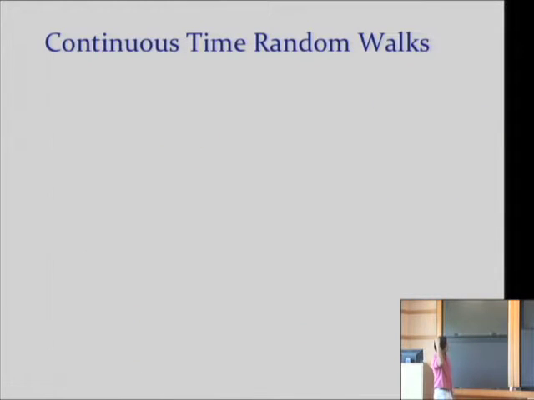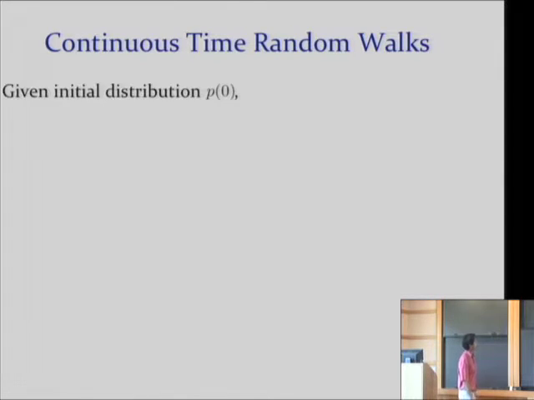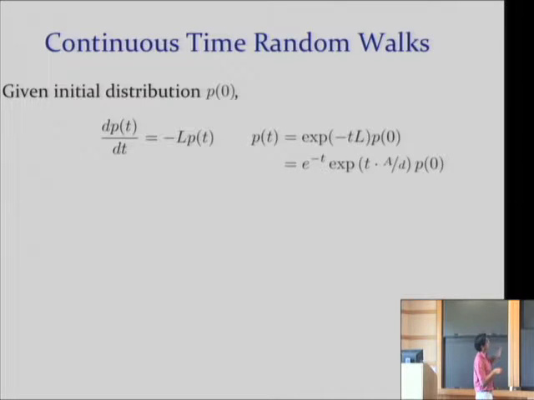Good. So let me define the continuous time random walks that we'll use. Let's say you are given a distribution P0. It's defined as a differential equation. It's a diffusion process defined with your Laplacian. Let's not worry about interpreting the differential equation. Let's see what it means for the random walk.